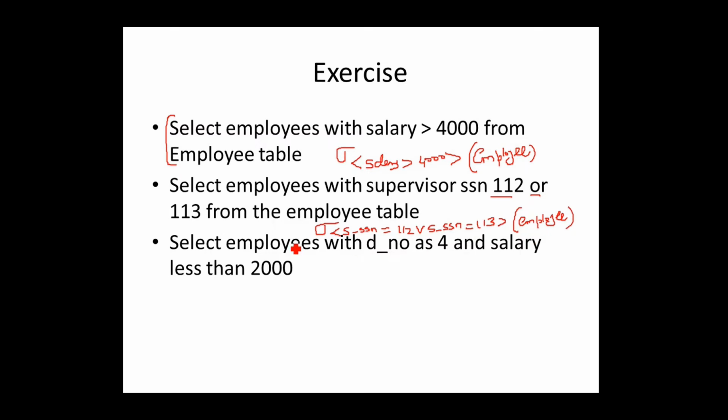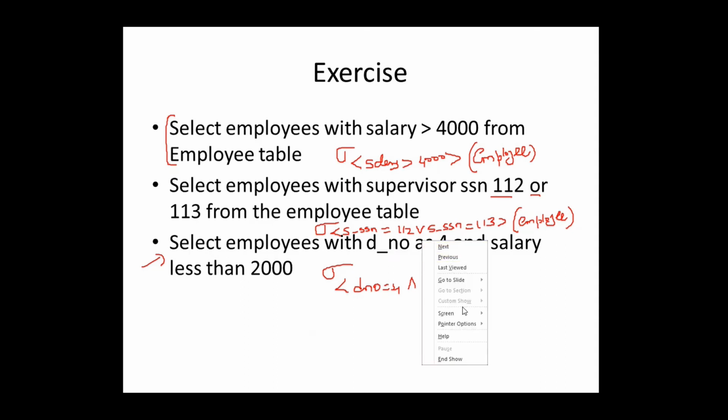Very easy, right? Now you take this query, write this query: select employees with department number as 4 and salary less than 2000. So the condition is select. What are the conditions we have here? Department number is 4 and salary less than 2000. So it is and salary. Let me erase that.